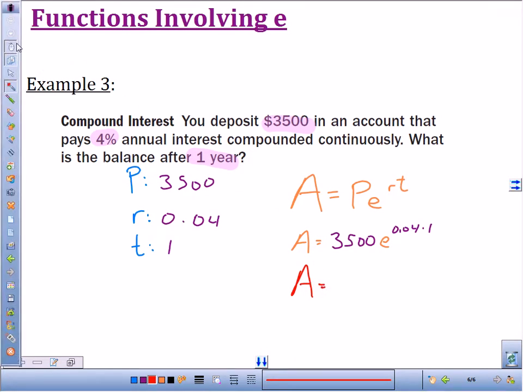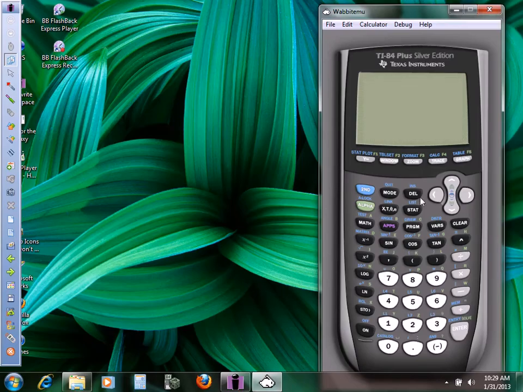So let's do that. We go to our calculators, main screen, and we type it in. 3,500 times E, again we use second ln to get E to the exponent here. Our exponent is 0.04 times 1.